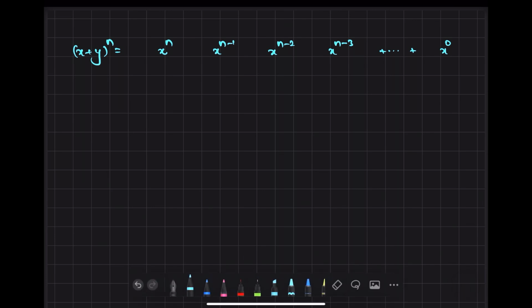Now we have to introduce another variable y, the second part, which will start with the least power, 0, then 1. You have to increase the power of y, 2, 3, and then we have y power n.